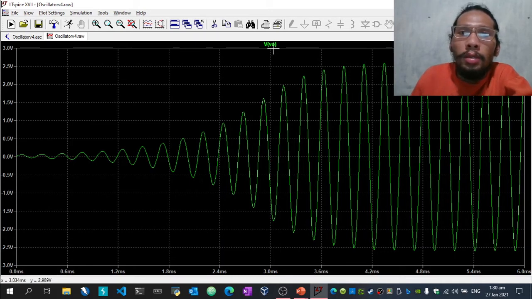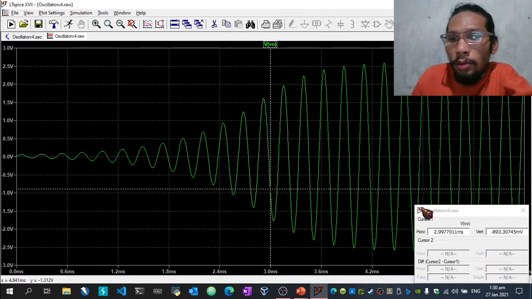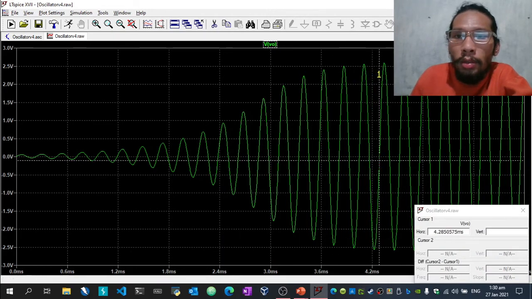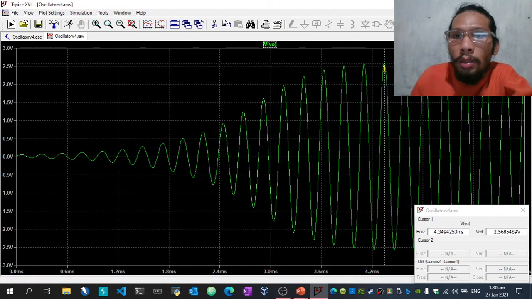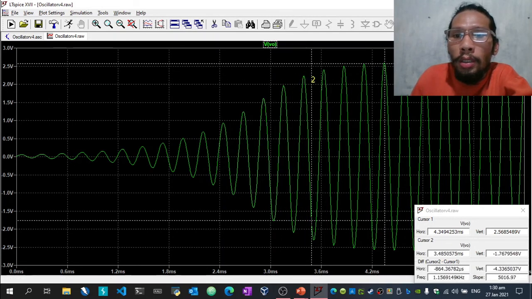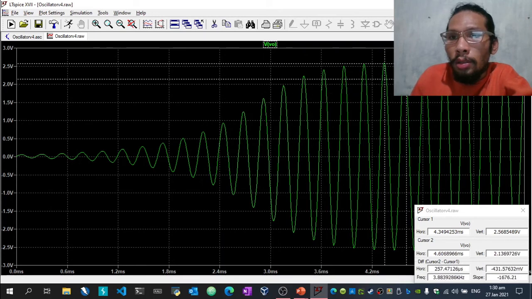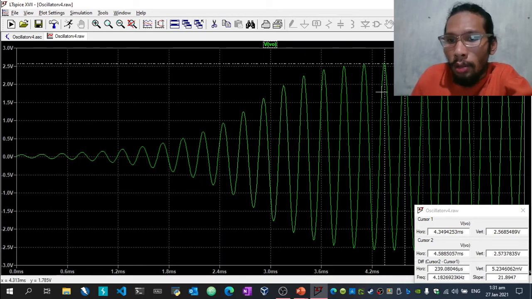We can use the cursors feature of the plot by clicking on the V out, and moving the cursor on the amplitude of the sine wave. Next is adding an additional cursor, cursor 2, to move to the next amplitude. We can see that the resonance frequency is equal to 4.18 kilohertz.